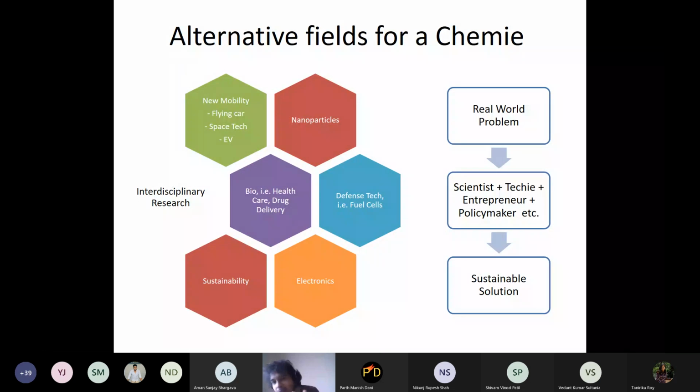So in a real world problem, we are passing out as a chemical, somebody's coming as electrical. But in real world problem solving, you have scientists, you have techies, you have entrepreneurs, you have policymakers, everyone coming in, and that gives us a sustainable solution. So there are lots of scopes available beyond these also. These are a couple of areas that I've figured out here.